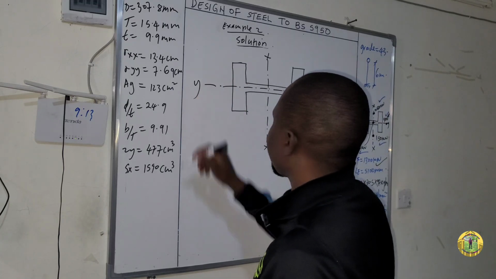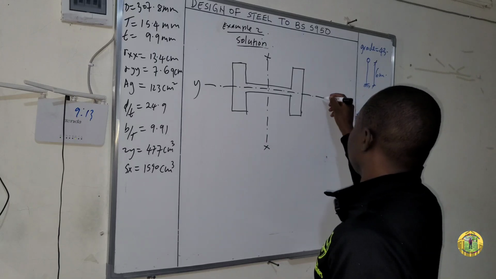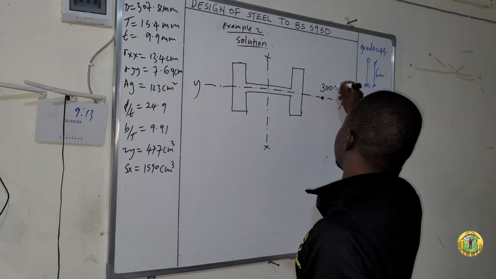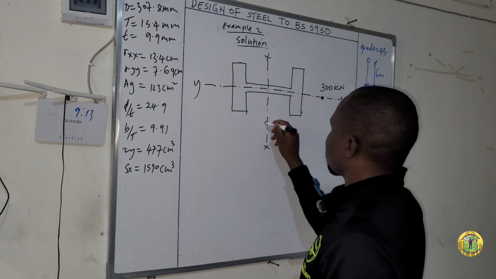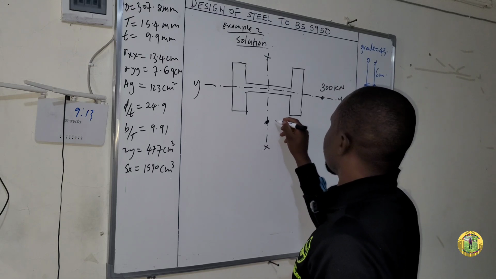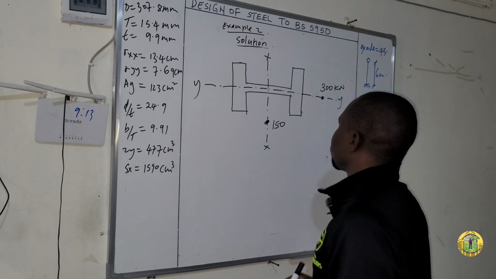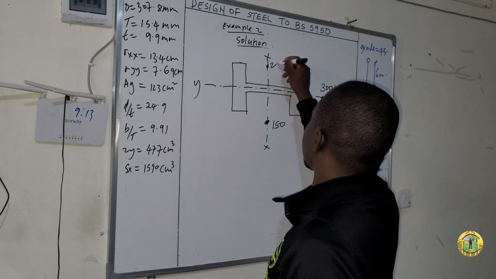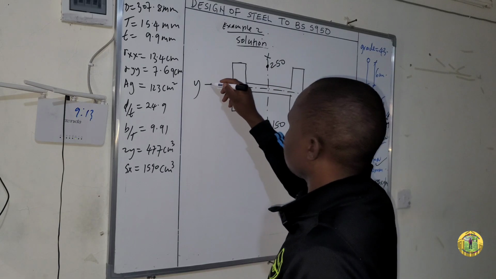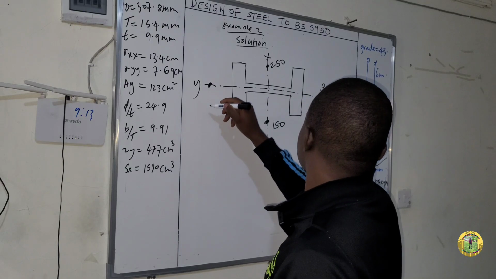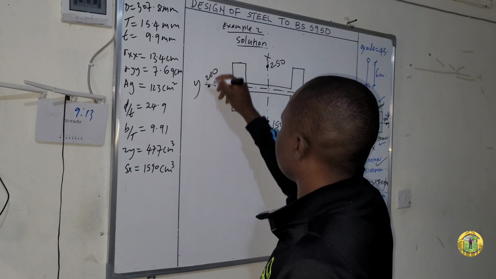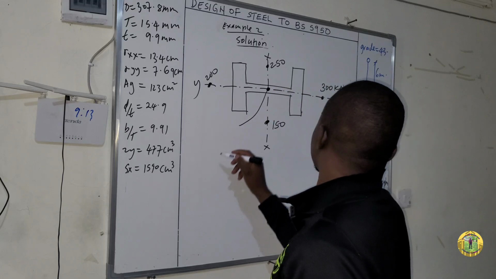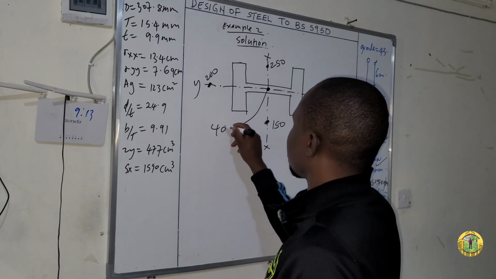So this is YY. We have loading at this point, which is 300 kilonewton. Another loading here, 150. Another loading here, 250. Another loading here, 200. And axial load at the center, which is 400.